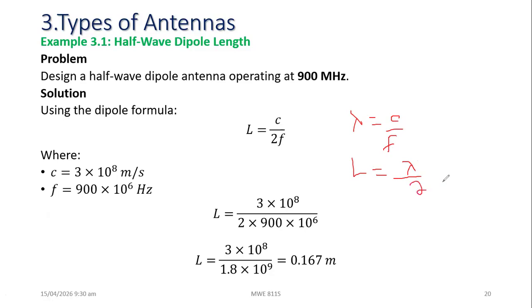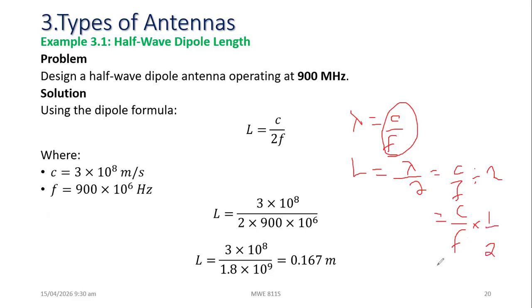What I've done here is, we know the half wavelength is this, so we can substitute it into this equation. You get C divided by F, divided by 2, which gives us C over F times 1 over 2.